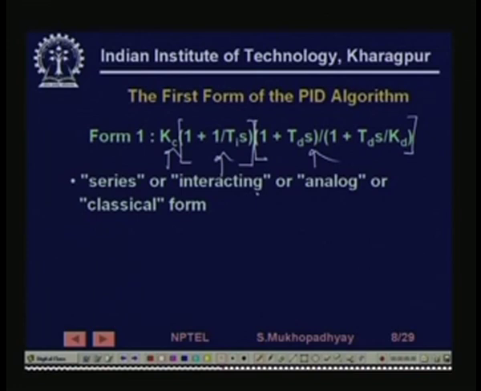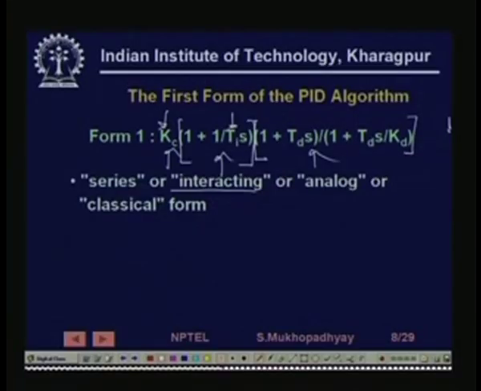Why is it interacting? It is interacting because, for example, with respect to the second form, which is probably the most popular, if you change any one of them, let us say if you change Kc, then integral time and basically the integral and the derivative gains will change.